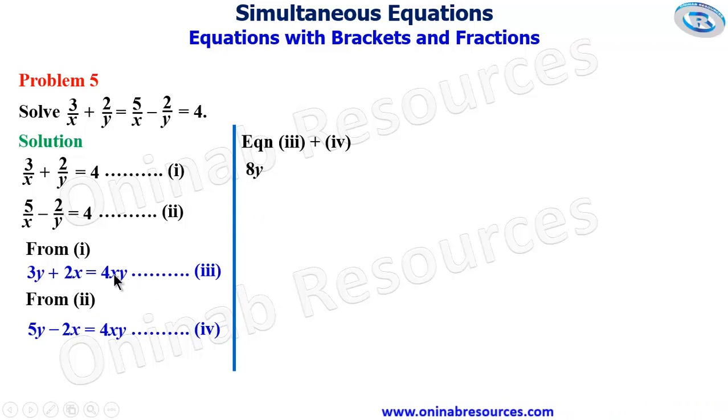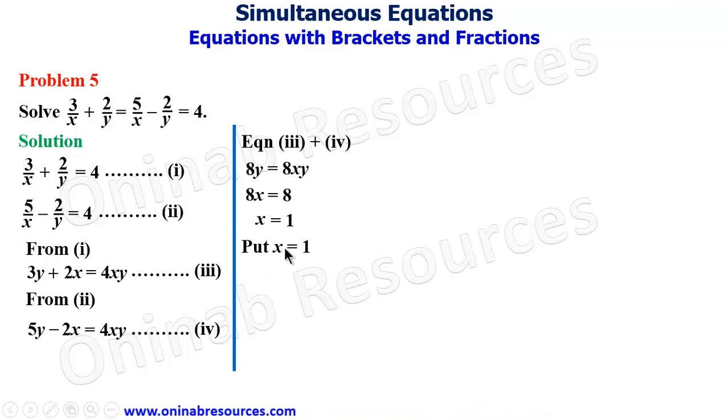The x terms will be gone. That's going to give us equal to 8xy, 4xy plus 4xy. So first divide both sides by y. So we have 8x is equal to 8. And finally dividing both sides by 8, we have x is equal to 1.